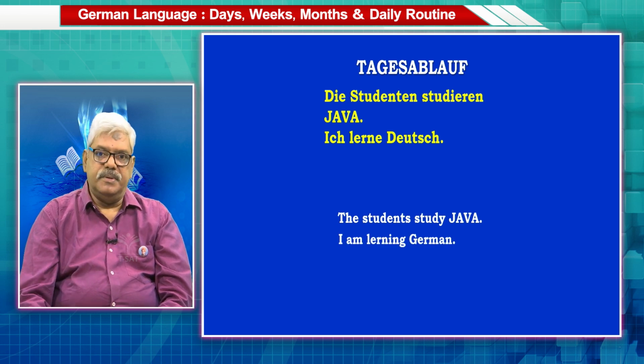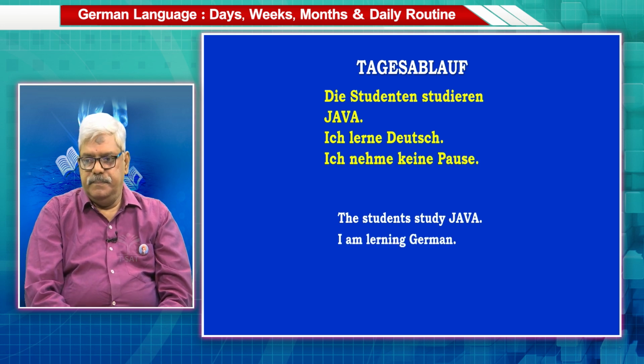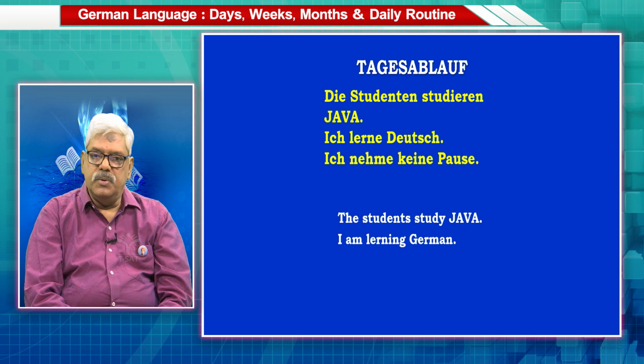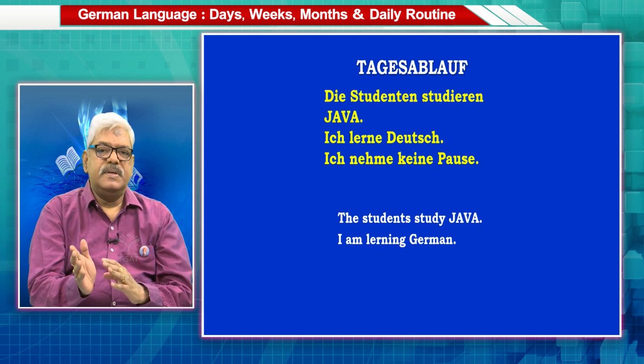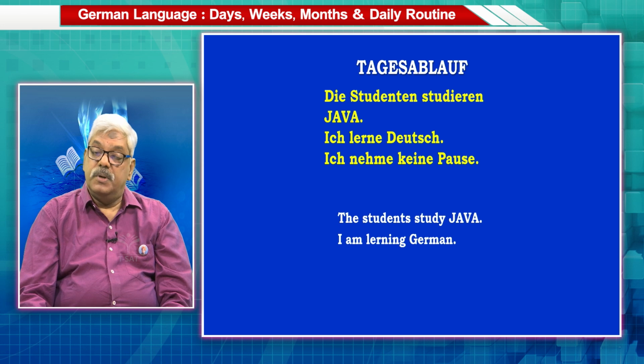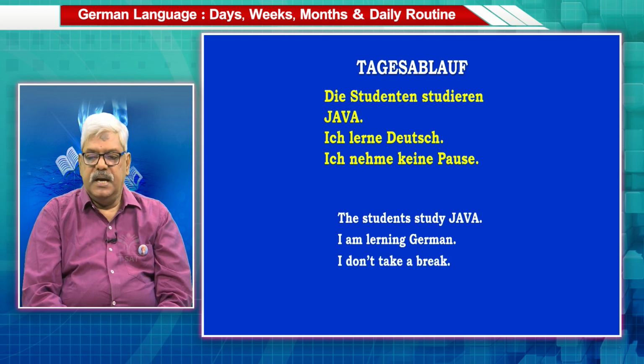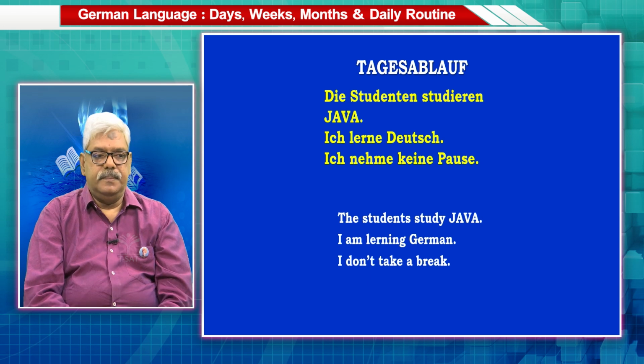I am learning German. Then, Ich nehme keine Pause. Ich nehme keine Pause. Pause means break, and keine Pause, no break. So what would this sentence mean in English? I don't take a break. Without a break, I proceed.